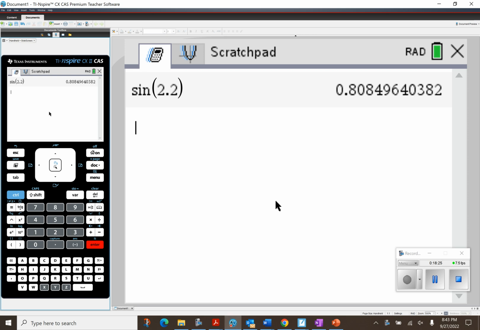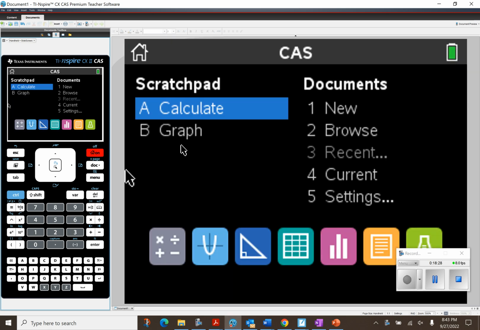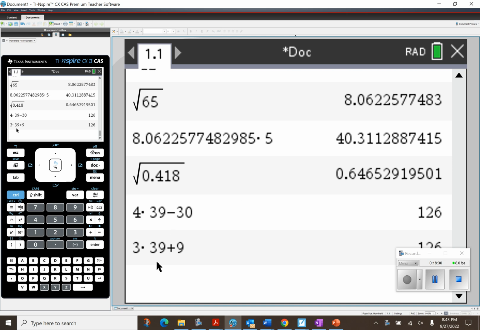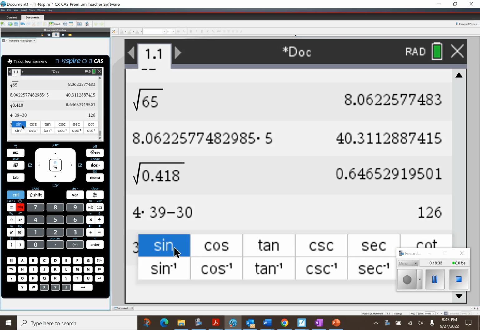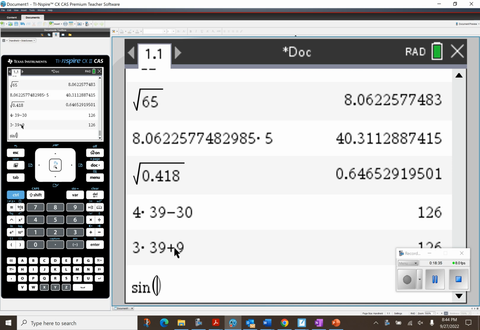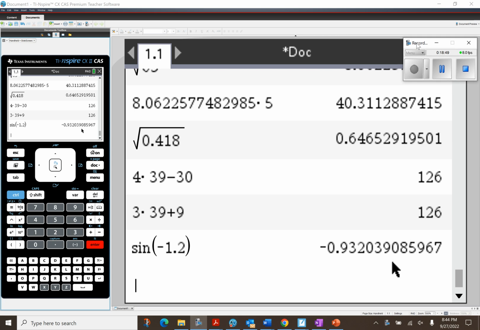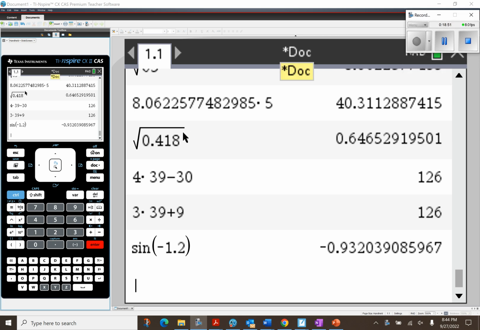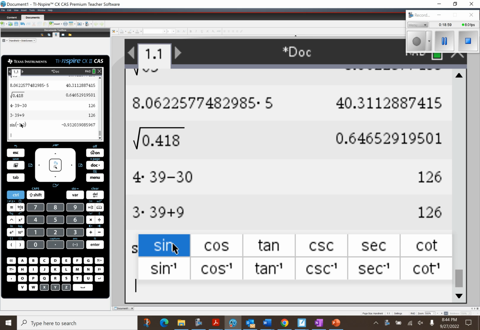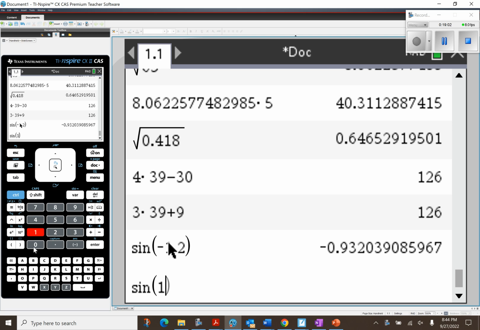Or if we're just doing the sine of, this is in radians, let's say negative 1.2, and the sine of positive 1.2.